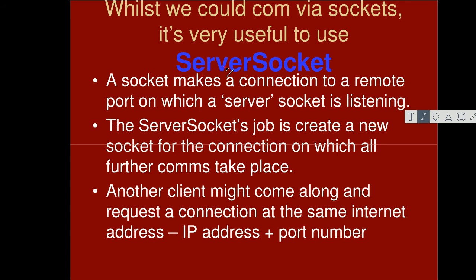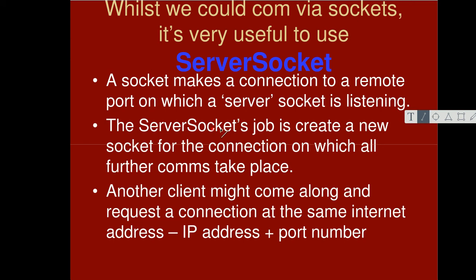And before I can talk to you, who have this server socket up and running, I need to be told somehow or other on which port you're looking at, what port you're actually monitoring, before I can connect to you.